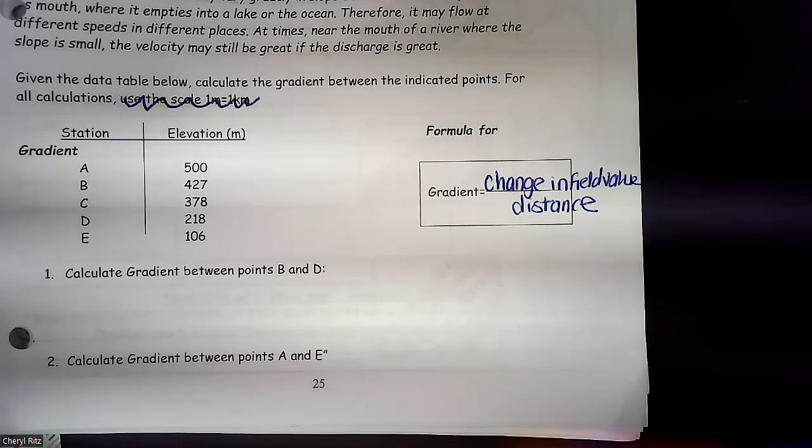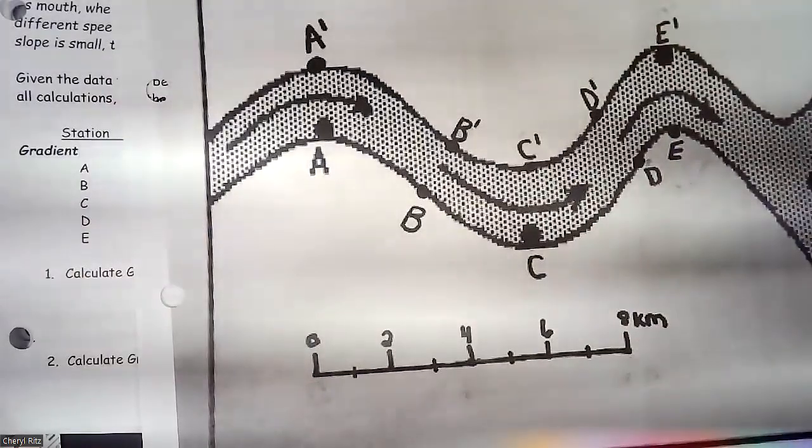So how would we find the change in field value between points B and D? You just subtract them. So again, what was the elevation at B? 427. What about D? 218. James is in charge of the calculator.